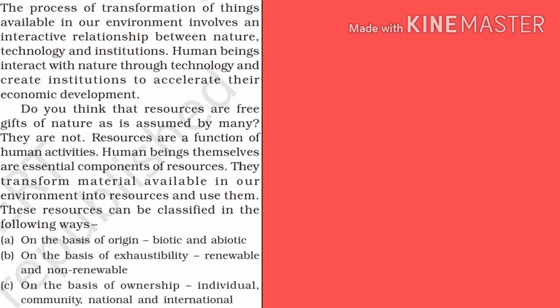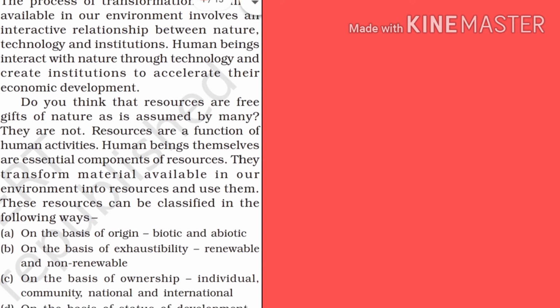Human beings interact with nature through technology and create institutions to accelerate their economic development. Do you think that resources are a free gift of nature as is assumed by many? They are not. Resources are a function of human activity. Human beings themselves are an essential component of resource. They transform material available in our environment into resource and use them.